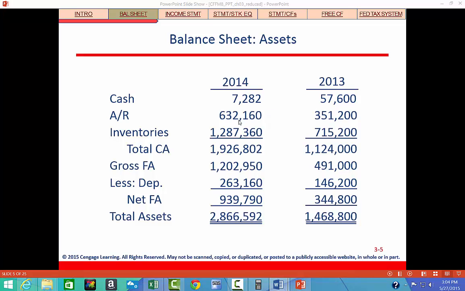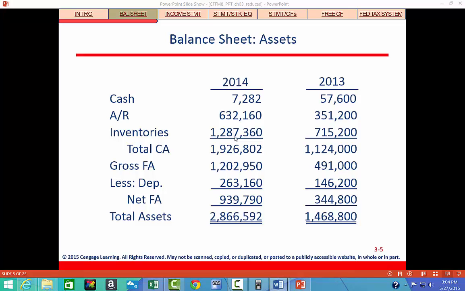That means that they haven't gotten paid for roughly $300,000 worth of stuff that they've sold. And then their inventory balance has dramatically increased from $715,000 to basically $1.2 million.